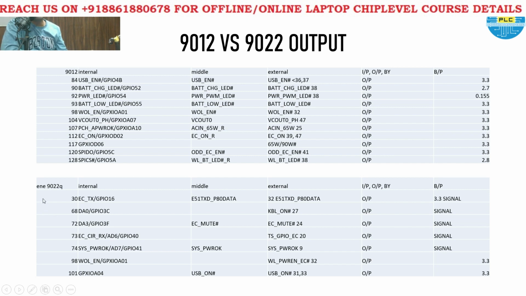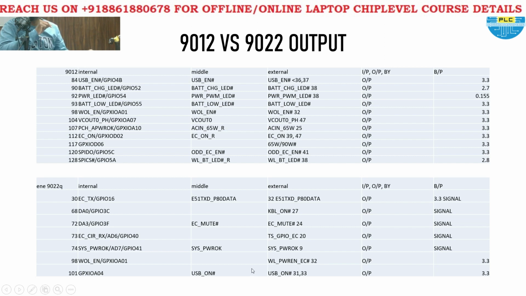But in 9022 there is TXD data, then keyboard light on, EC mute output, and TS, a general purpose EC. System power OK: before pressing the power button, system power OK is one output going to the PCH. Wireless LAN power enable EC, USB on.